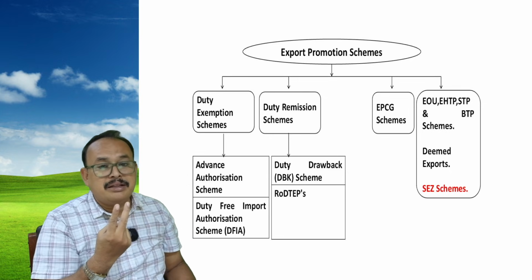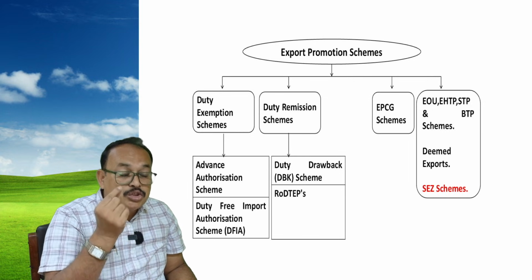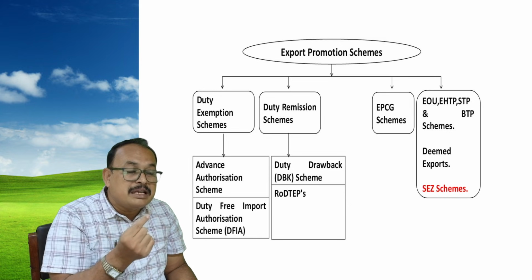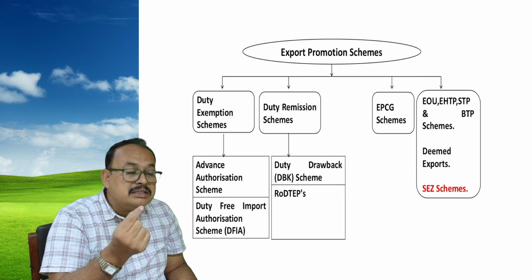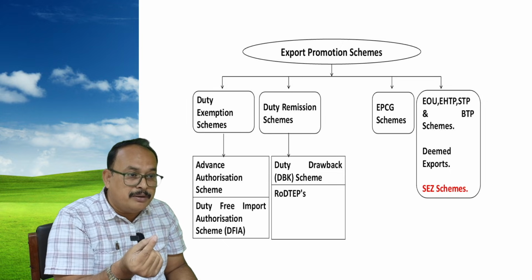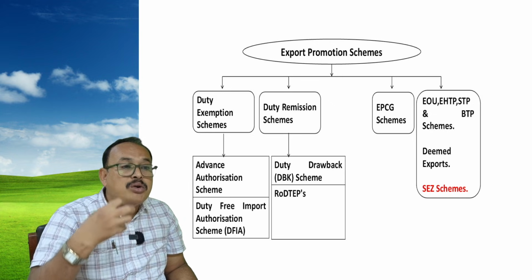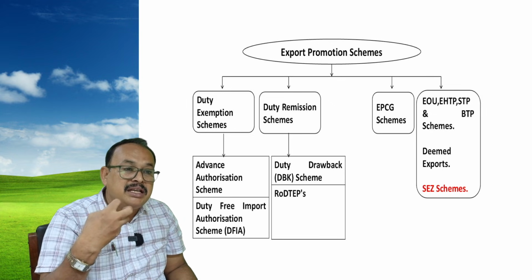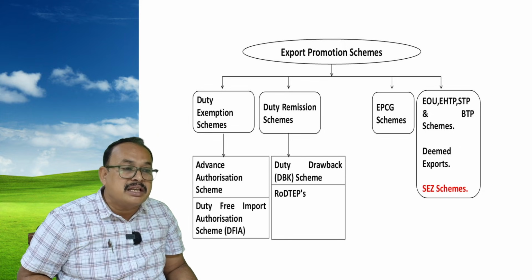One is called the Advance Authorization Scheme. Under the duty exemption scheme, the first one is called what? Advance Authorization Scheme, AA we used to call it. The second one is called the Duty Free Import Authorization Scheme, DFIA.